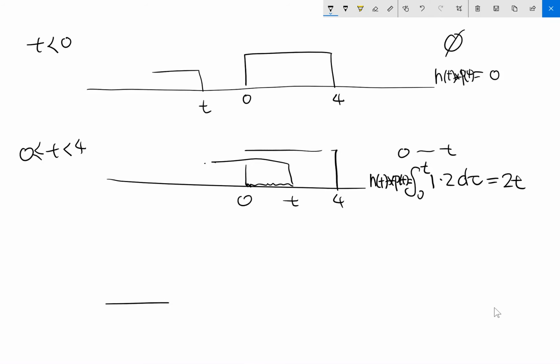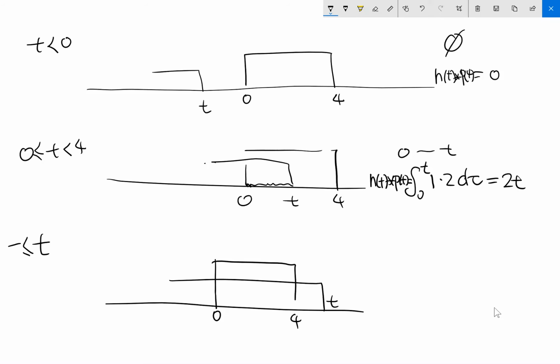The third range is when t goes beyond 4, so t is greater than or equal to 4. The non-zero area is here, and this one does not change, it's just 0 to 4. So the convolution will be the integral from 0 to 4 of the two constants, 1 times 2 d tau, and this is 8.